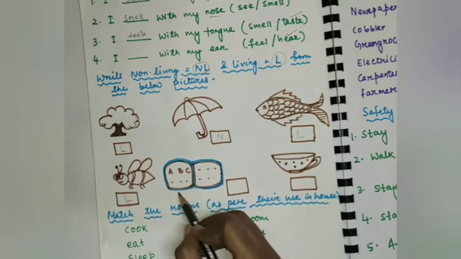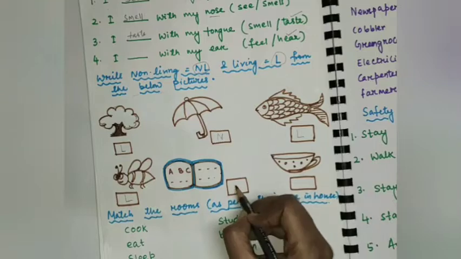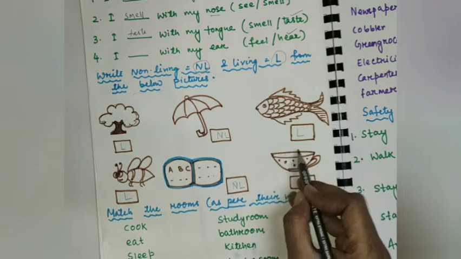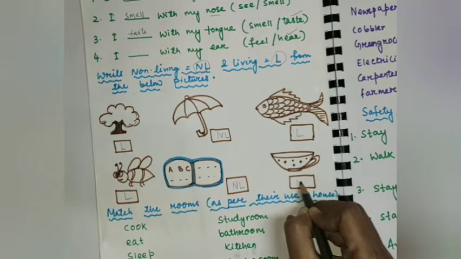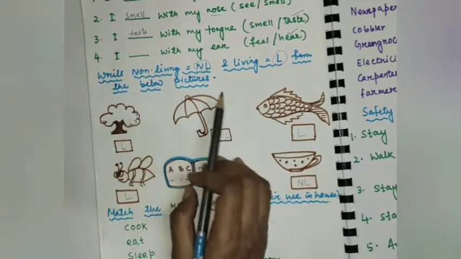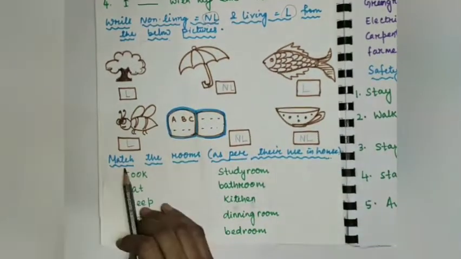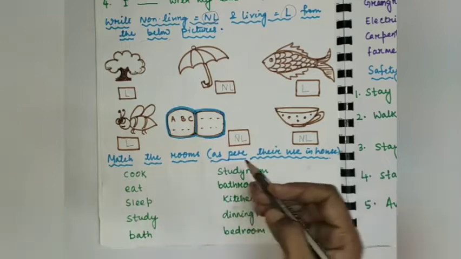Here, trees are living, book is non-living, cup is non-living, fish is living, bee is living. A cup cannot move, that's why a cup is non-living. The things that can grow or move are living, and those that cannot move or were never alive are non-living.